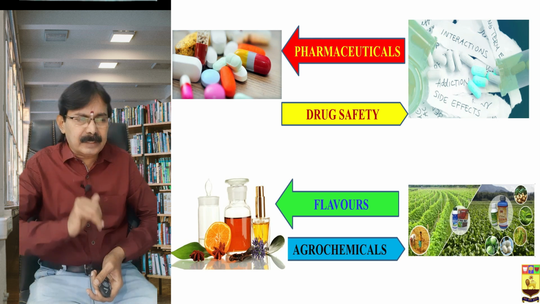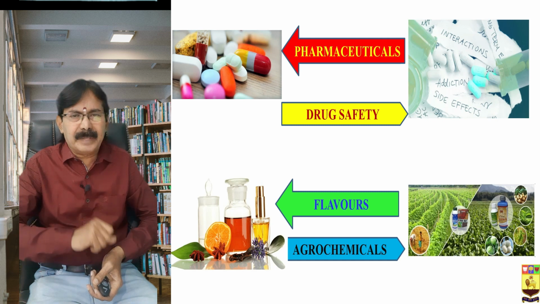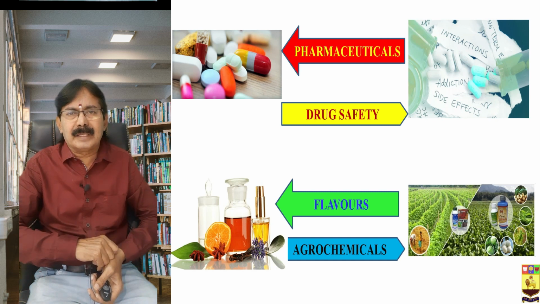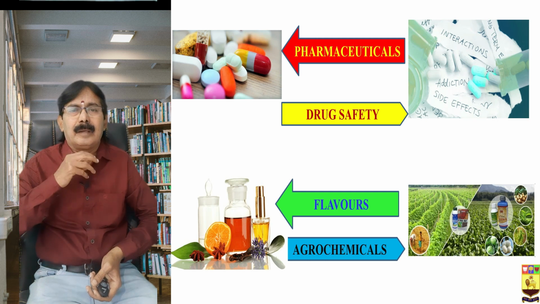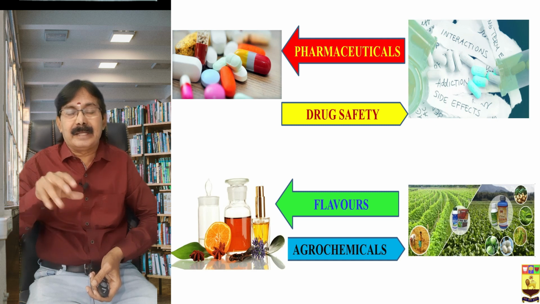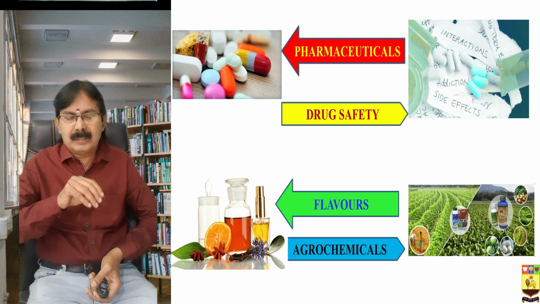In the agro industries, the agrochemicals, we can go for the pesticide development. The pest can be eradicated without affecting the crop.